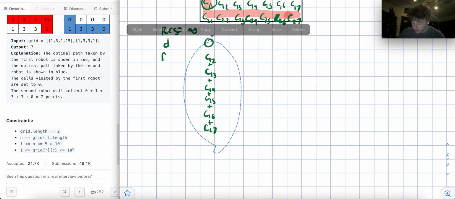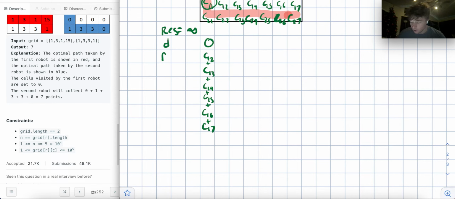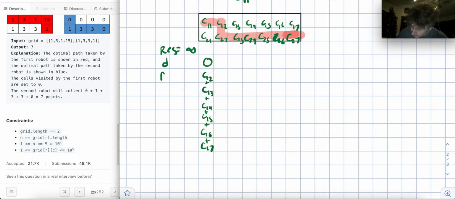What about the next run? Now that I have a basic idea of how this works: down, situation 2. If I went down like this, what could robot 2 get? Robot 2 could get C2 going down, or it could get C13, C14, C15, C16, C17 going right.